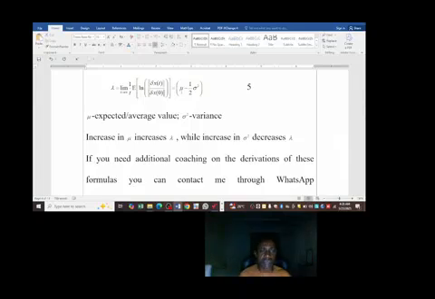That means the exponent will increase with an increase in your expected value, while the exponent will decrease with an increase in variance. So when variance increases, the Lyapunov exponent decreases. When expected value increases, the Lyapunov exponent increases simultaneously.